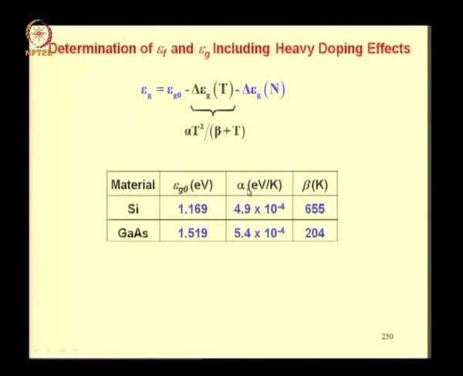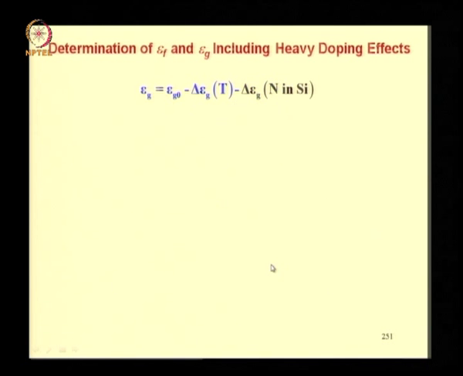Alpha, its units are electron volt per Kelvin, it is 4.9 times 10 power minus 4, and beta has the units Kelvin, and it is 655. For gallium arsenide the values are 1.519 for Eg naught, 5.4 times 10 power minus 4 for alpha, and 204 for beta. So, alpha is of the order of 10 power minus 4 electron volt per Kelvin.